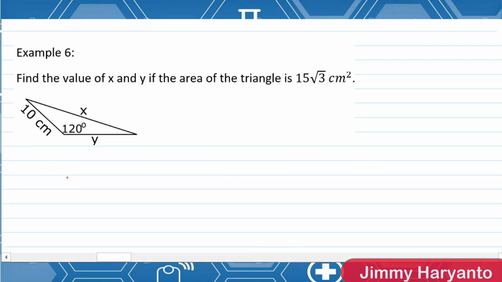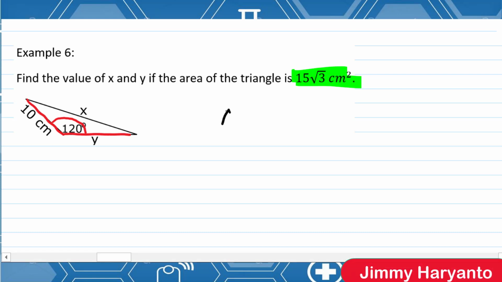Next is example 6. Now I have this area. The area is 15 square root of 3. Let's take a look at the angle. The angle is 120 degrees. The sides between the 120 degrees are 10 and y.